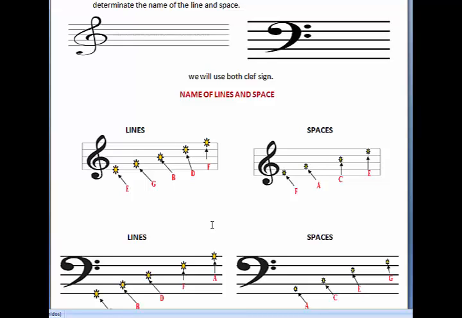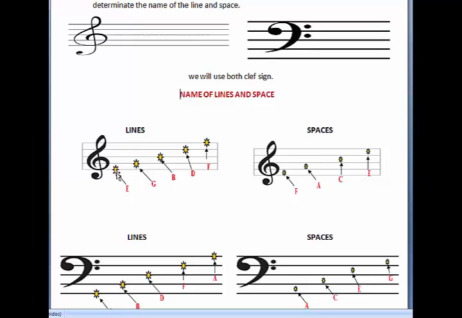This theory is for classical music, meaning music in general. If you want to play piano from a book, you need to use a method, and if you don't know space and line, you cannot do it. So it's really important to study your spaces and lines every single day.